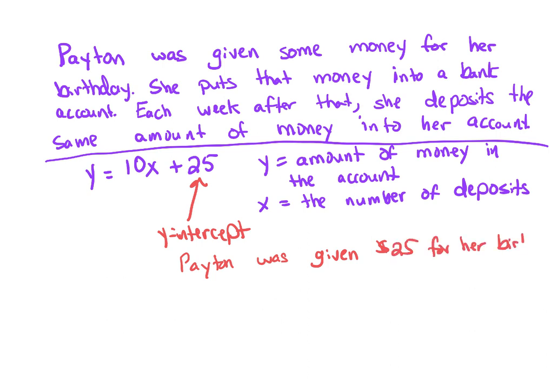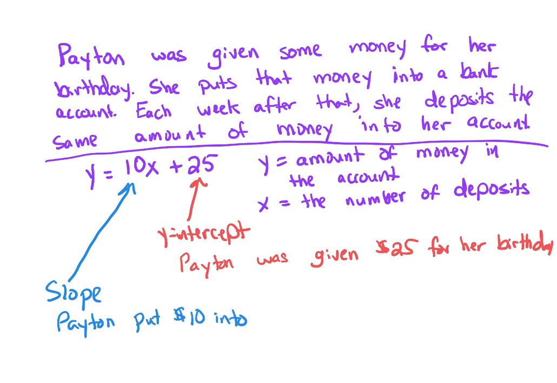And that's the original money that she started out and deposited into her bank account. Then each week, she put $10 in there. That is our slope. So our slope here tells us that Peyton put $10 into her account each week.